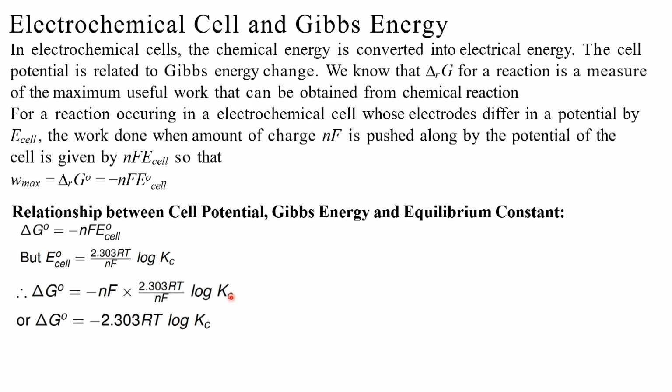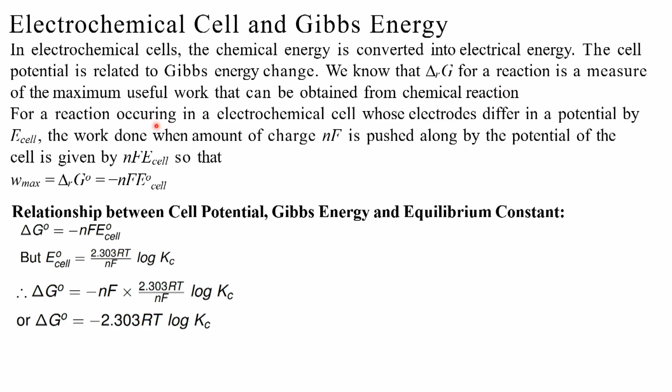Next we discuss the electrochemical cell and Gibbs energy. In electrochemical cells, chemical energy is converted into electrical energy. The cell potential is related to the Gibbs energy change. We know that ΔG of a reaction is a measure of the maximum useful work that can be obtained from a chemical reaction.